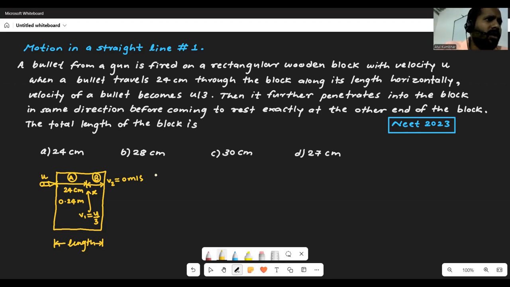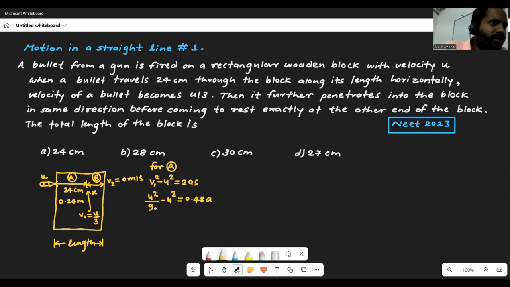First for the A case: v1 square minus u square is equal to 2as, where v1 is u by 3. So u square by 9 minus u square is equal to 2 into 0.24 into a, that is 0.48 a.